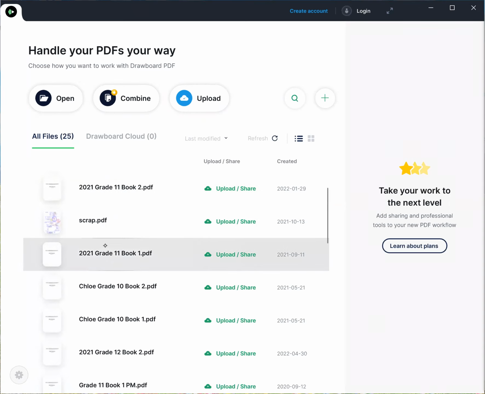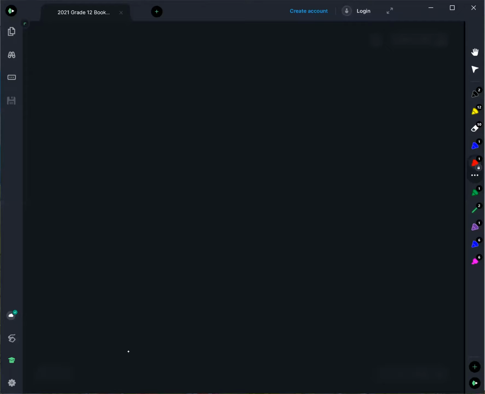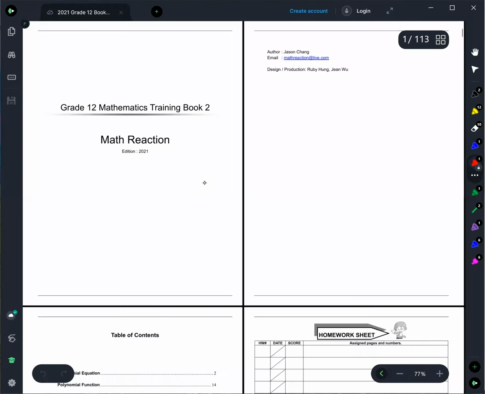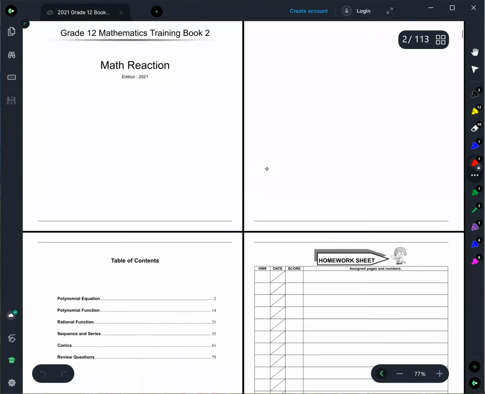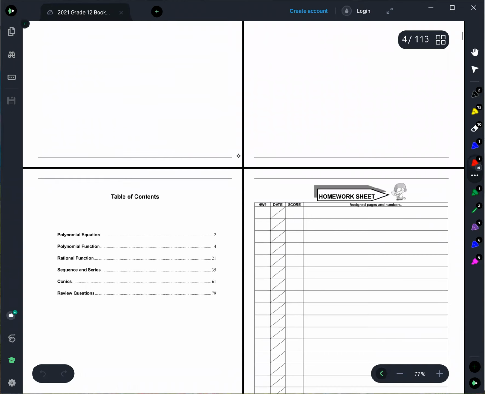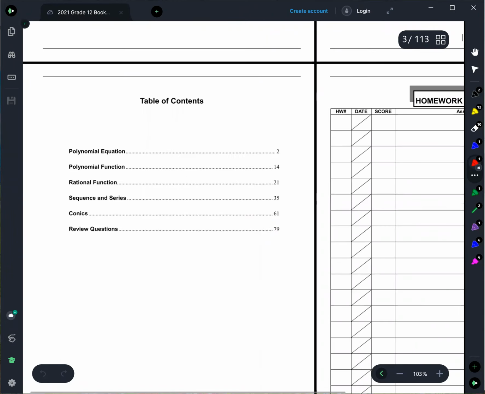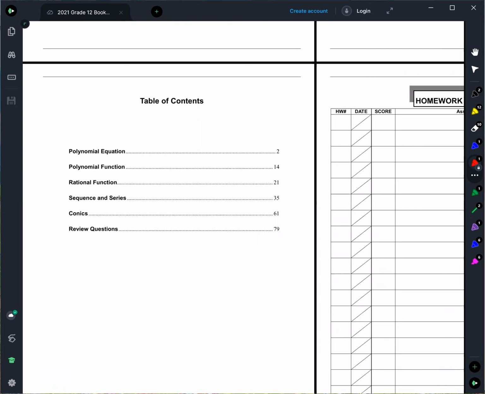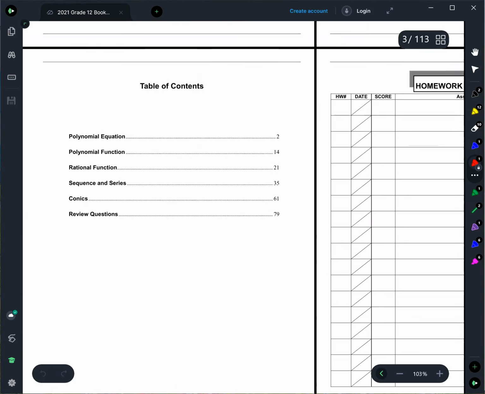All right, so book 2. So let's take a look at what's in book 2, okay? Right, so can you raise your hand if you are on the table of content?